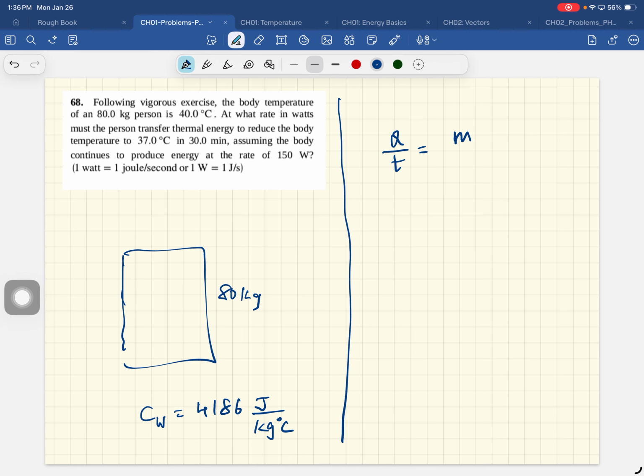So a 1.28 kg sample of water at 10 degrees Celsius is in a calorimeter. So here's a calorimeter. We'll use this in lab. So 10 degrees Celsius, 1.28 kg.